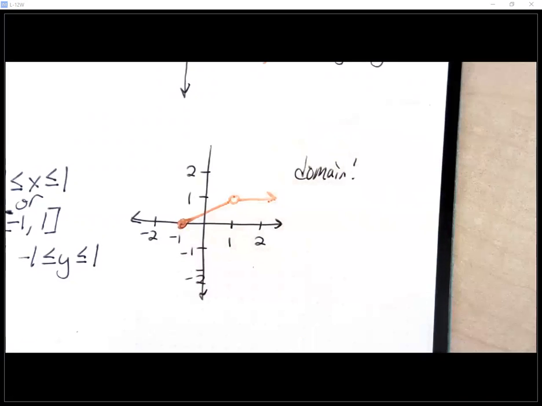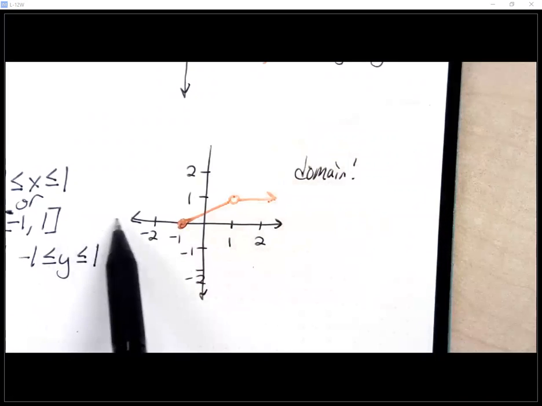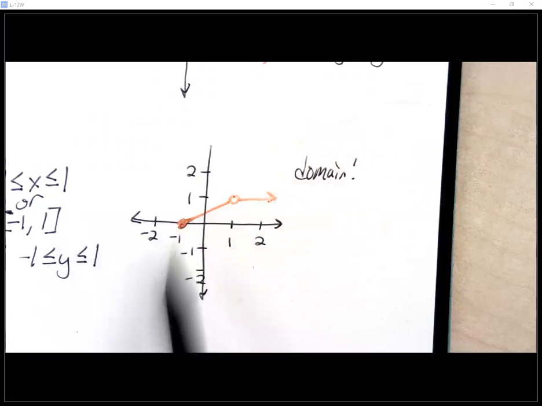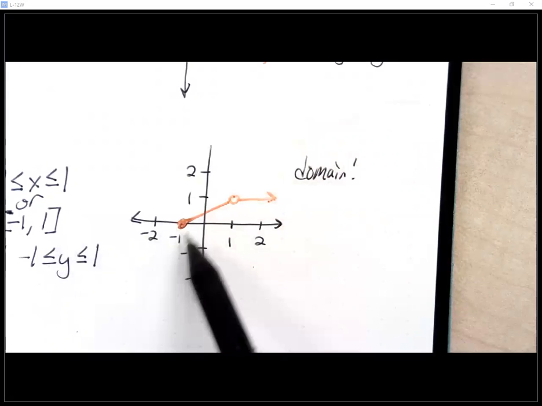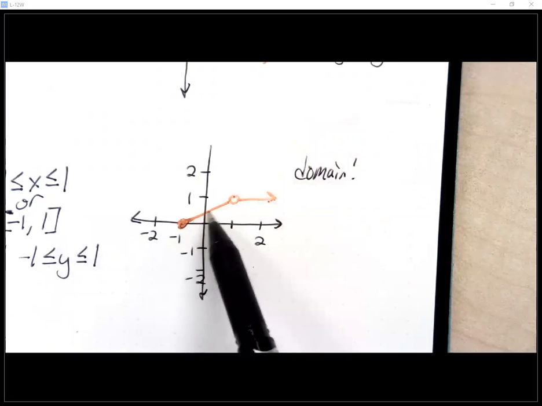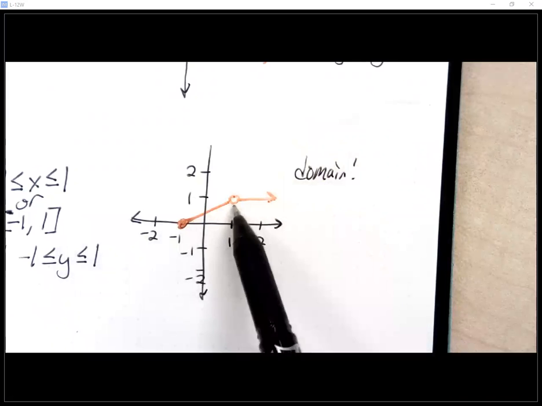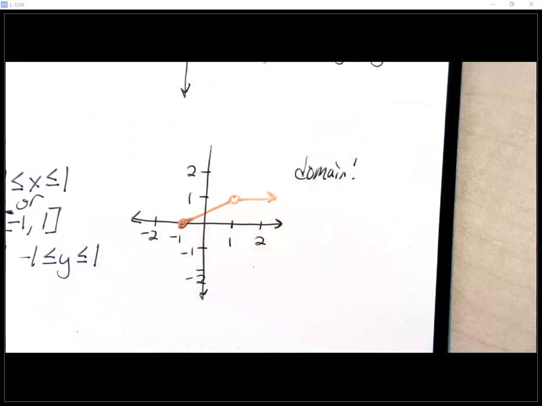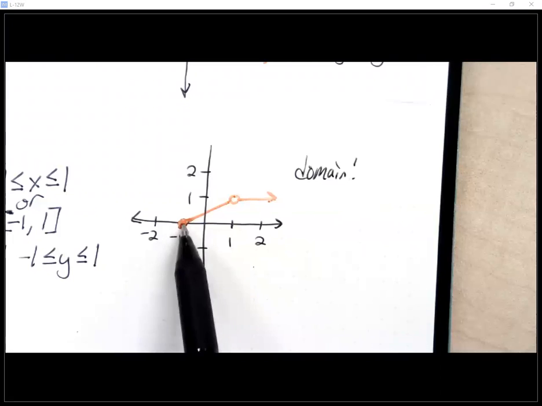The graph doesn't even exist until I hit -1. You with me so far? It continues from -1 until forever with just this one little hiccup.